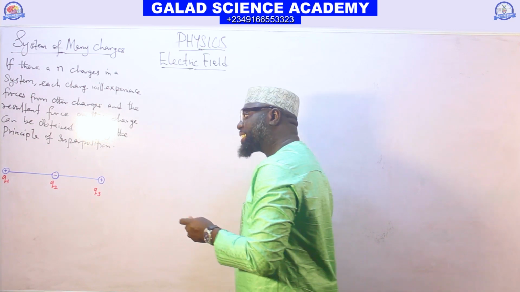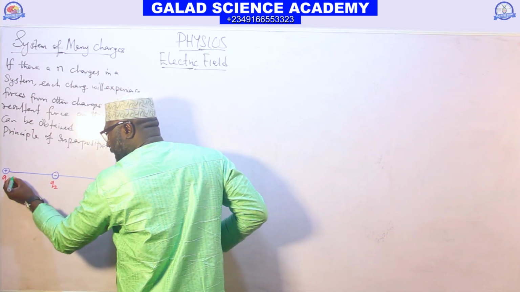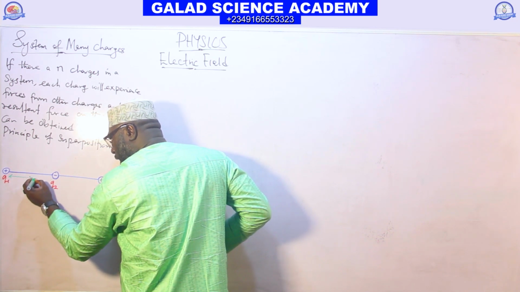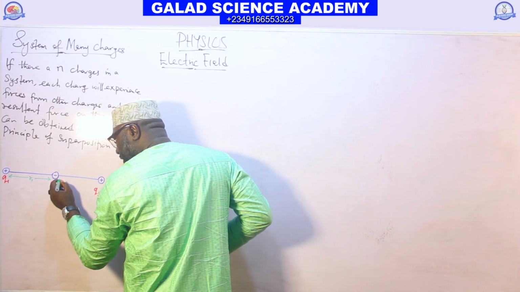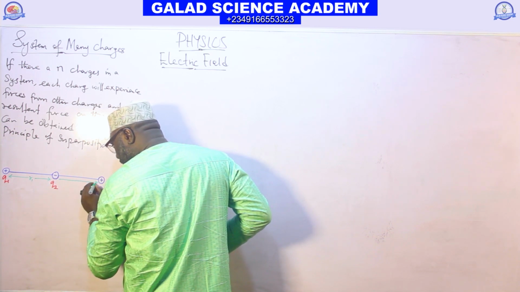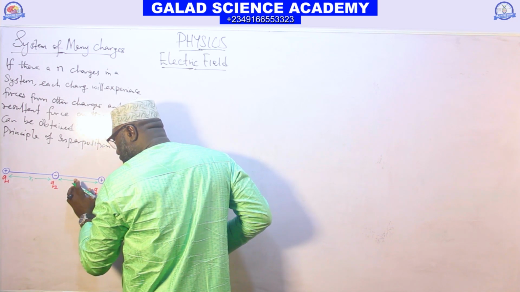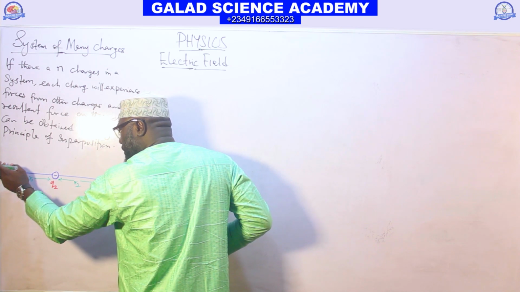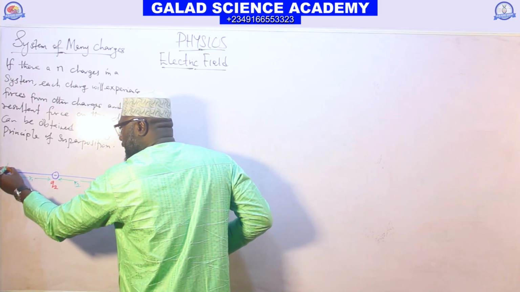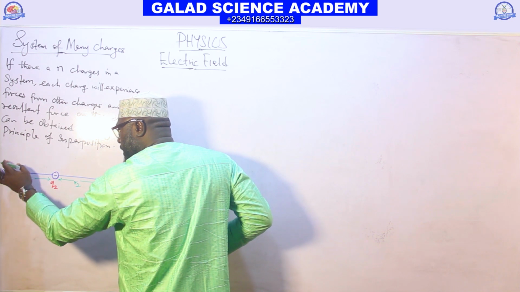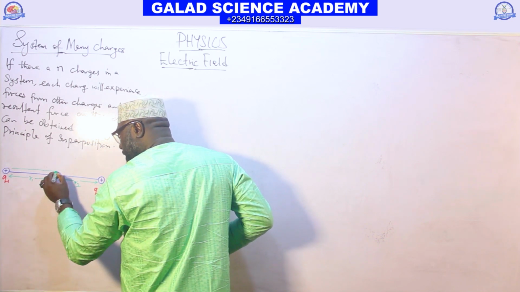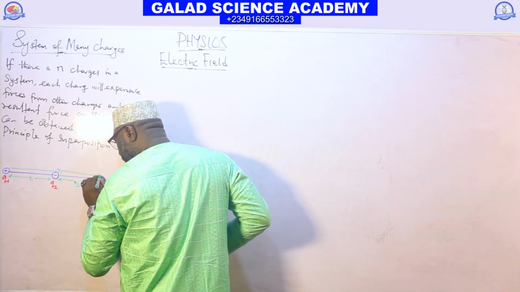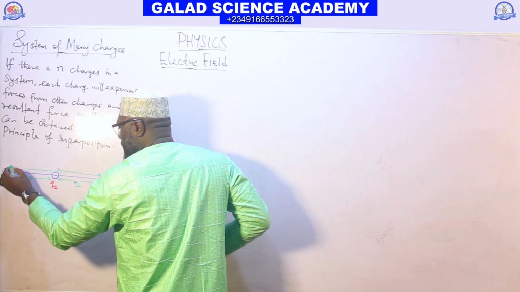Know that the distance between the first two charges here is R1. The distance here is R2. And the total distance between here and this side, let me call it R3.